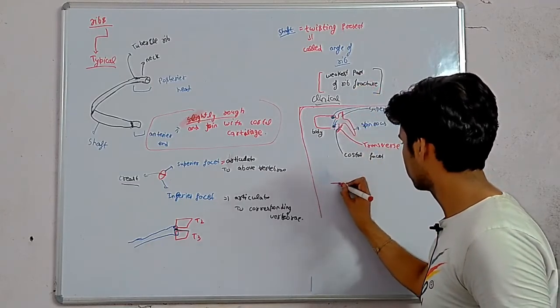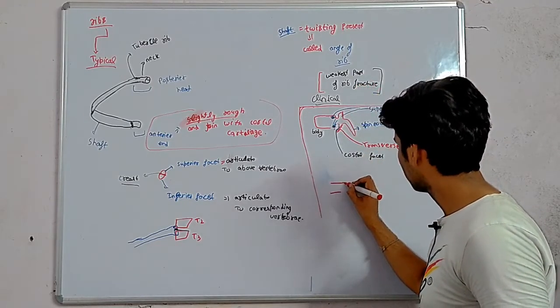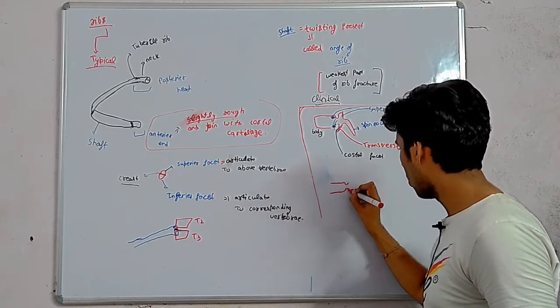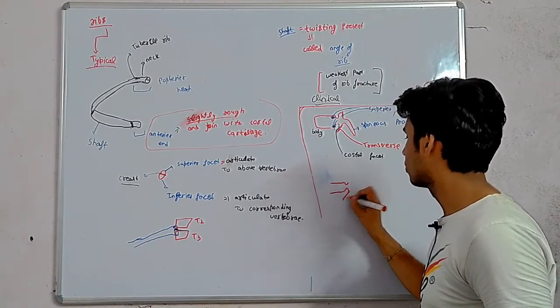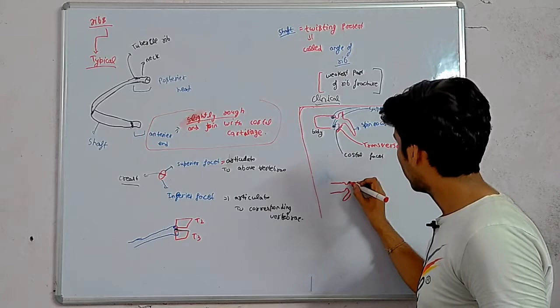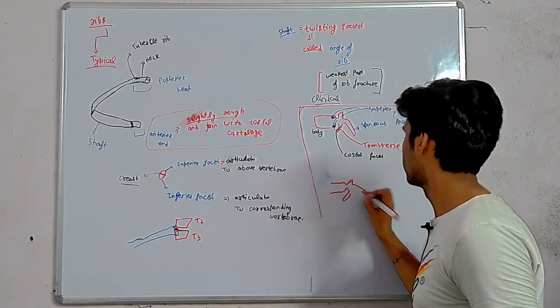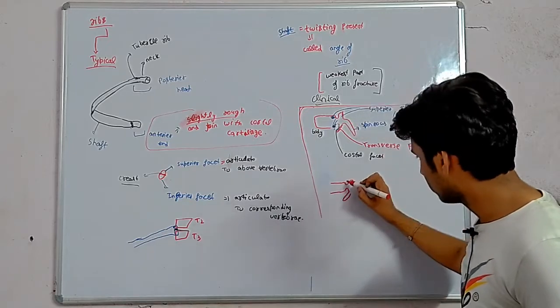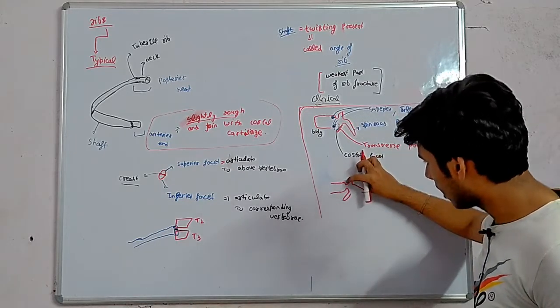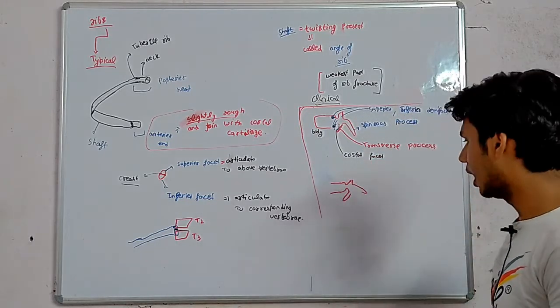Here, take this: the body is slightly curved, and then the transverse process starts. And here, if a notch is present, then the spinous process. So this is the canal.